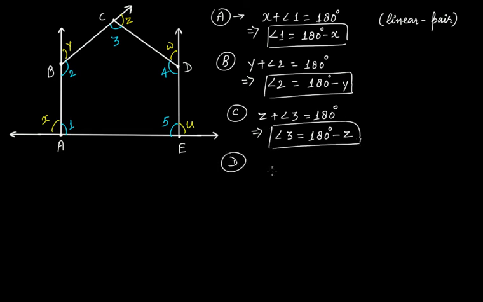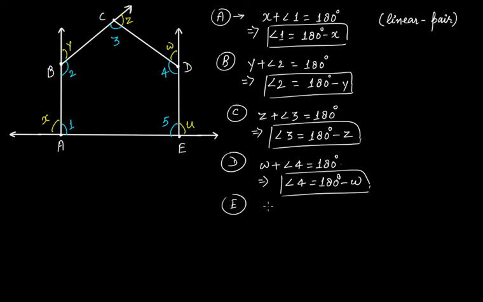From vertex D, you get W plus angle 4 is equal to 180 degrees, and from here you get angle 4 as 180 degrees minus W. In the same way, from vertex E, you get angle 5 is equal to 180 degrees minus angle U.